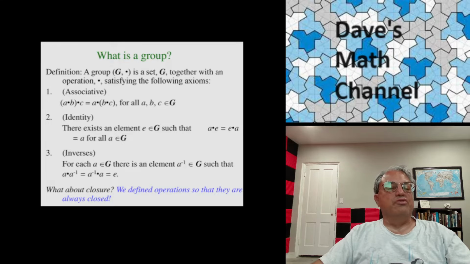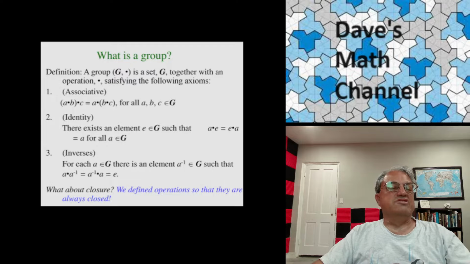So a group is just a set, which we call capital G in this case, together with a binary operator, which we're calling big circle or big dot, if you like. I'll just call it dot. So it's G comma dot. Like I said, G is a set and dot is a binary operator, and dot has to satisfy the three axioms given: associativity, identity.